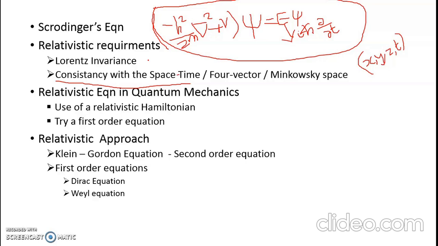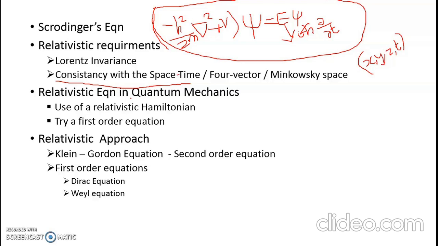Because of these drawbacks, and further there is one more drawback, the Schrodinger's equation cannot explain the hydrogen atom problem in the relativistic regime. Because of these drawbacks, people have been in search of a relativistic wave equation in quantum mechanics, and that can be achieved following 2 mathematical procedures.